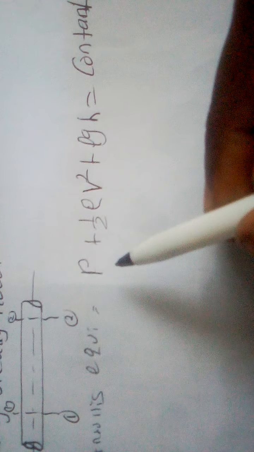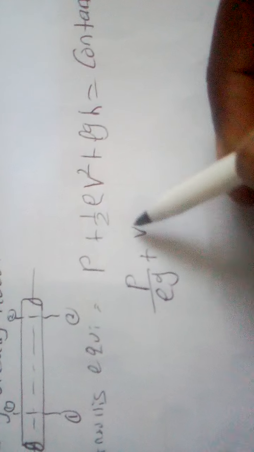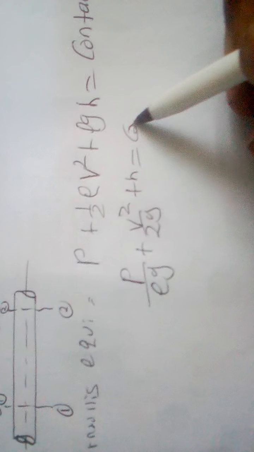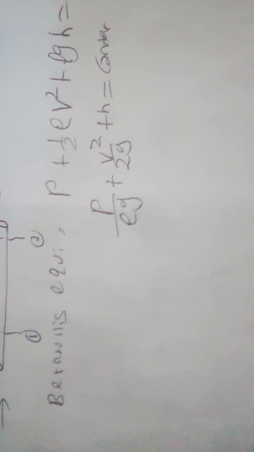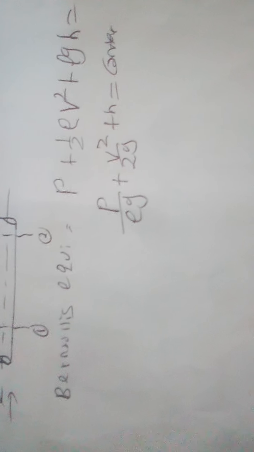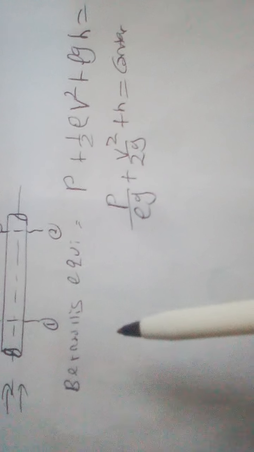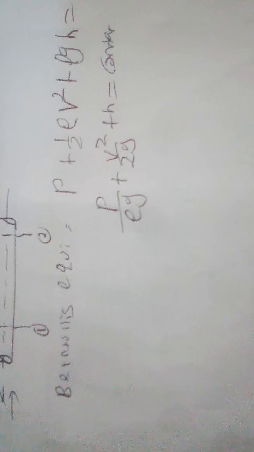So this one, dividing both sides by rho g, it will be pressure over rho g plus V squared over 2g plus h equals constant. Because this is now a constant, the total head at this place and this place should be equal, so we equate them.